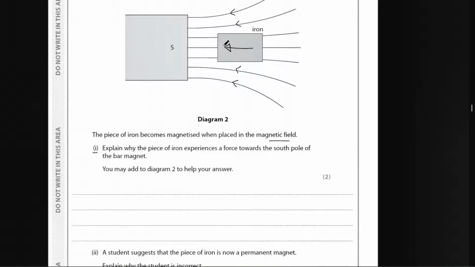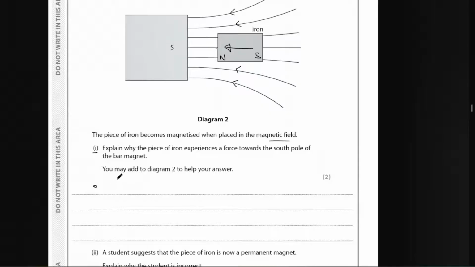The side where the arrowhead lies is the north pole, and the side where the tail lies is the south pole. And you can see the north pole of the iron faces the south pole of the magnet, and opposite poles attract each other. That's why this iron bar feels a force towards the magnet. So that's what we have to explain.